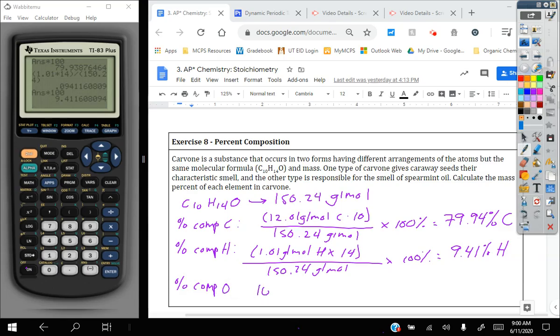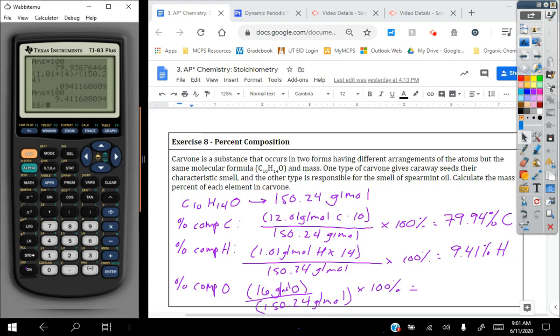And then the last one we'll do is oxygen. So we've got 16 grams of oxygen over 150.24 grams per mole. Again, I should have put mole here, I'm sorry, grams per mole times 100. And 16 divided by 150.24 times 100.